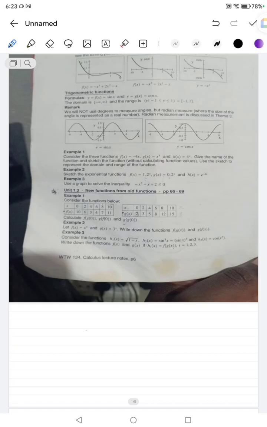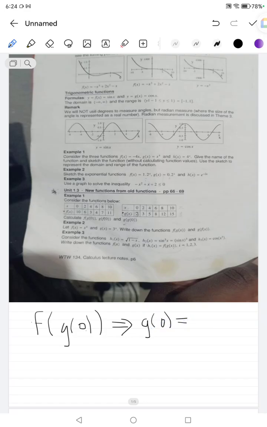So with the first one, they said we have to calculate f of g of 0. The first step for you to do, you go and check the internal one. We said, okay, our internal function is our g of x, but now they want your g of 0. So you will say, okay, I have my g of 0.